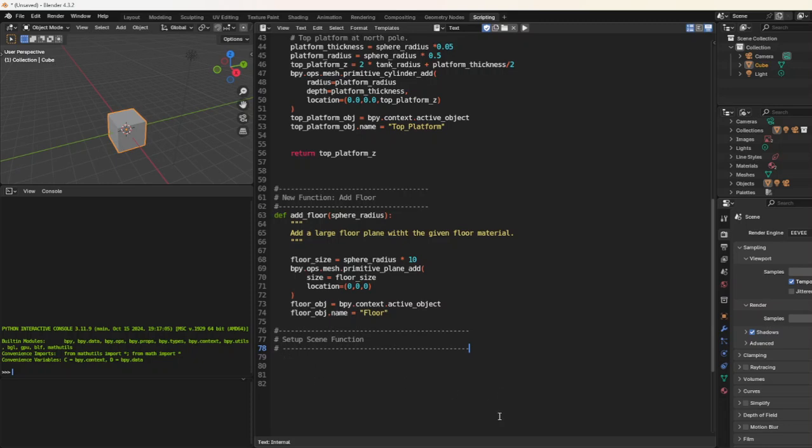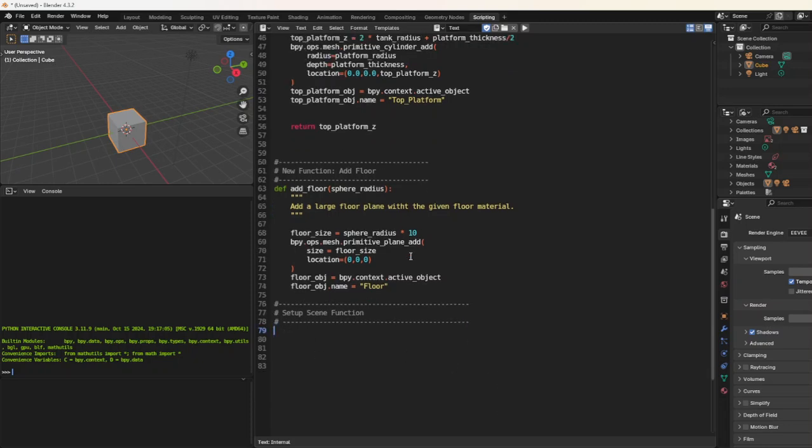Sphere radius is also a parameter. It says handrail here.